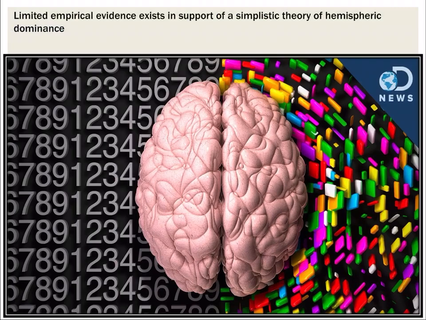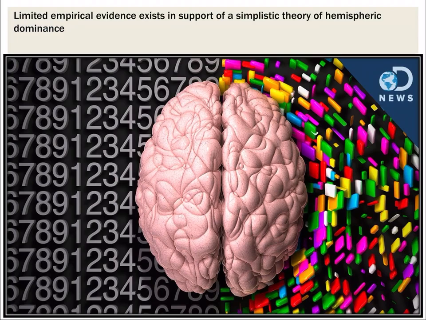You might have heard of the theory of hemispheric dominance. Some tasks are related to a hemispheric dominance. For example, language skills such as grammar and vocabulary are lateralized to the left hemisphere. And that sprouted a theory that right-brained people are more artistic and creative, while left-brained, right-handed people are more analytical and methodical.